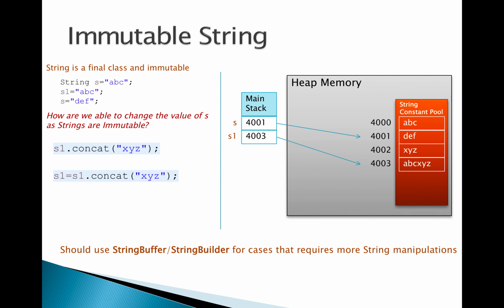It's not the intent. If our intent is just to update ABC to ABC XYZ, here it is not going to happen like that. It's going to create a new memory location for that. So for any intermediate values in your manipulations, everything is going to create one more memory location, which is going to eat up your space. So instead of doing that, you have to use string buffer and string builder, which is an efficient way of doing it. We'll learn about string buffer and string builder in the next session.